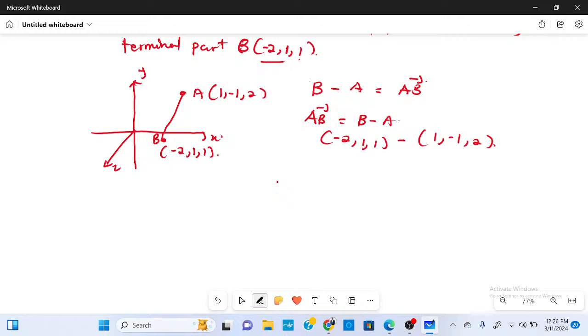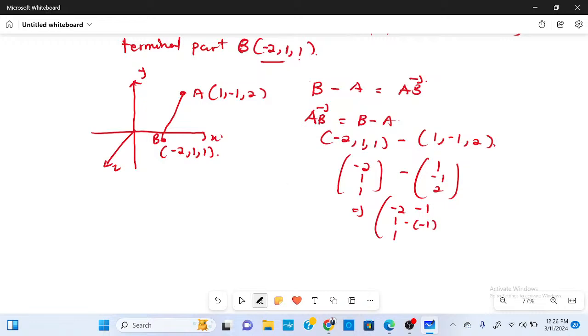You have to write it in column form so that you get negative 2, 1, 1, minus 1, negative 1, 2. Then you open this up, and you have minus 2 minus 1, 1 minus minus 1, then the third part is 1 minus 2.